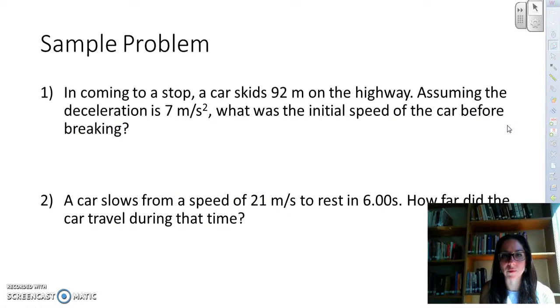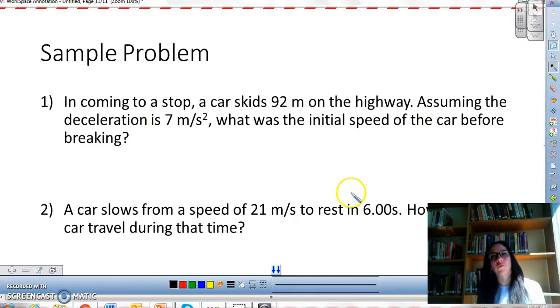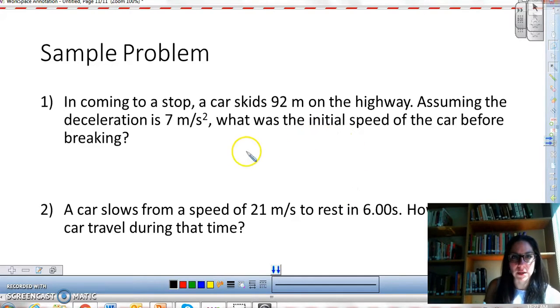Let me solve 2 problems for you here. The first problem says, coming to a stop, a car skids on the highway. Assuming that the deceleration is this much, what is the initial speed of the car before braking? First I'm going to analyze my problem. It says, in coming to a stop.